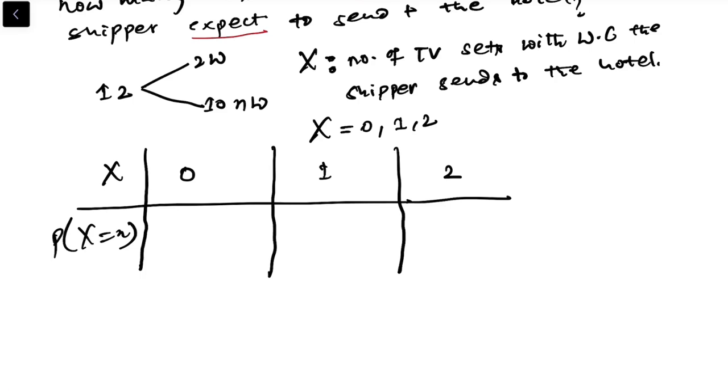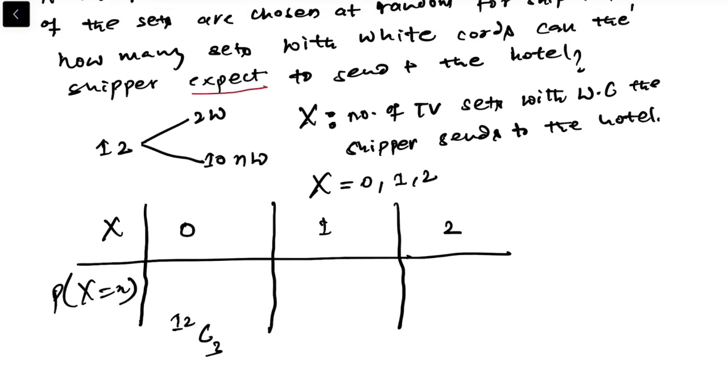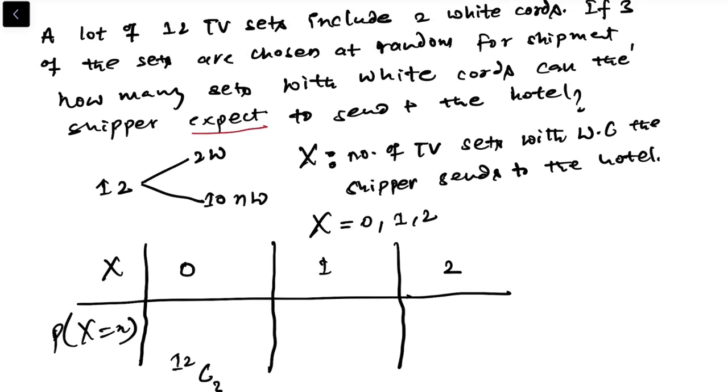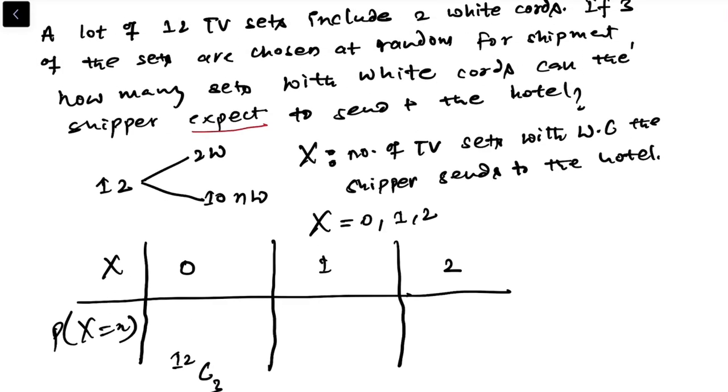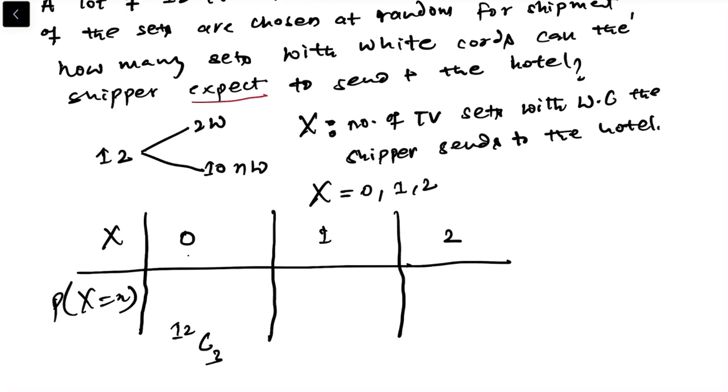So what is the probability of sending 0 white cards? There are total 12 TV sets, and we have to choose 3, right? So there could be either no cards, 1 card or 2 cards.